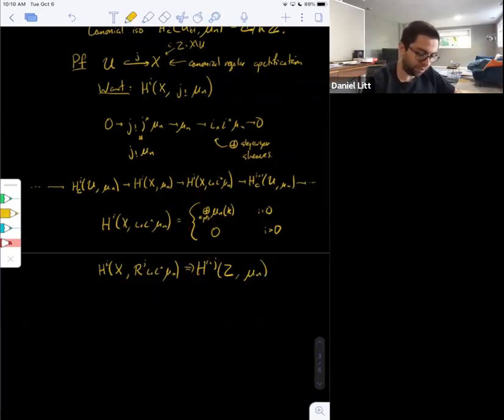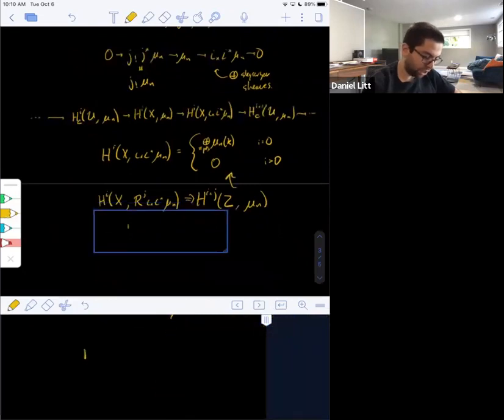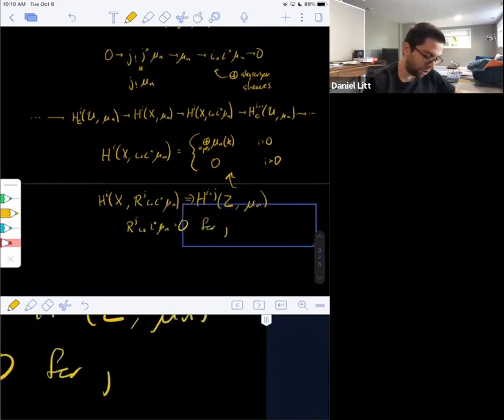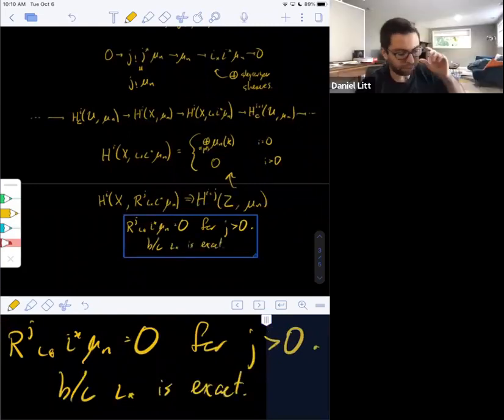So what we need to do is understand the left-hand side, and the claim is that R^j i lower star of i upper star mu n equals 0 for j bigger than 0. Why is that? The map is finite. Yeah, exactly. So i lower star is exact, as it's pushforward along a finite map, which we showed was exact a few class periods ago. Great. Yeah, so this is the kind of argument that one needs.